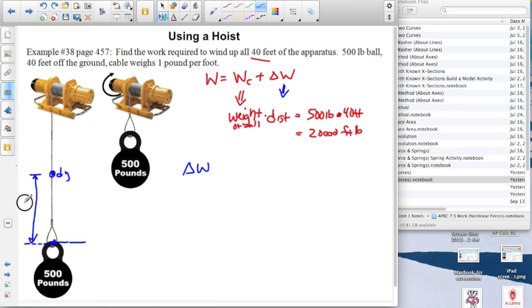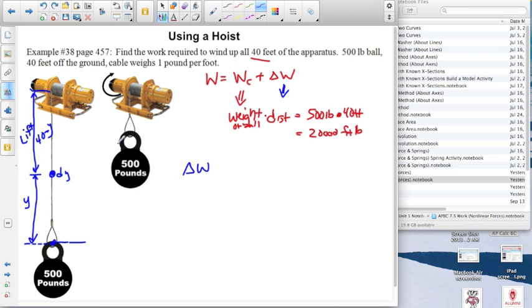That's going to be at an elevation of y above the origin, which means our lift then, the amount that incremental section of cable is being lifted, is going to be the 40 minus y.